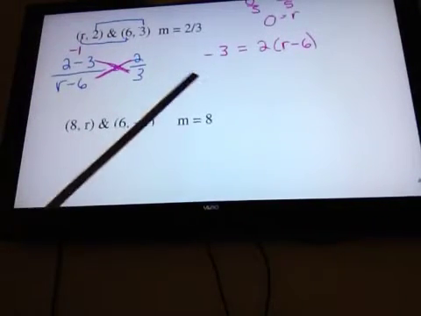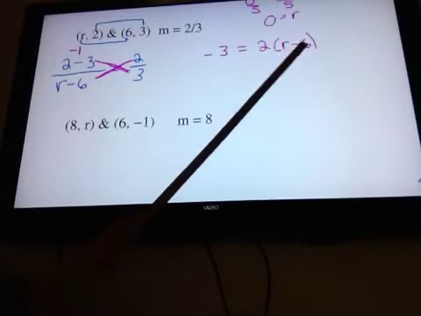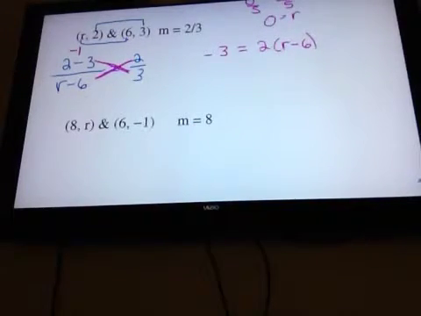You could save yourself a step there, and you could go ahead and distribute right there if you wanted to. I want to make sure you see what I got before I distribute, okay? But if you want, you could distribute right there before that. So now I'm going to distribute 2 times r, 2r, 2 times minus 6, minus 12.